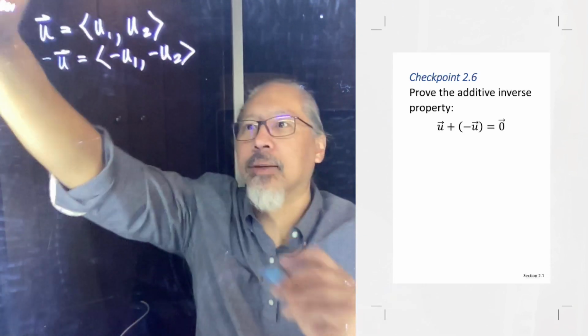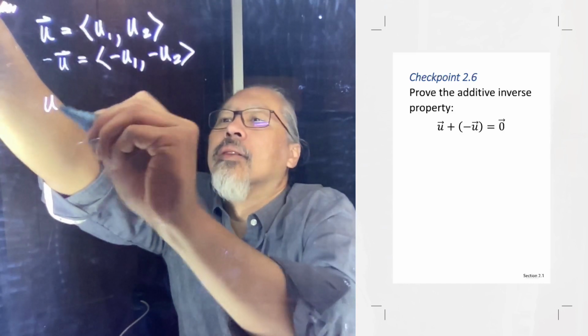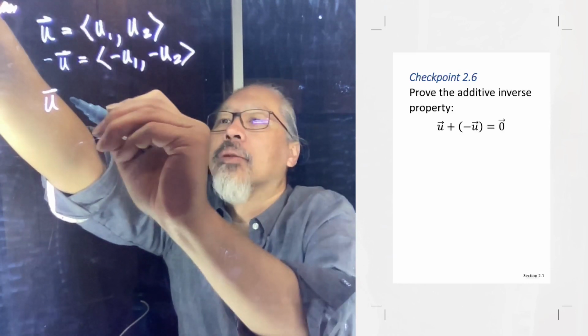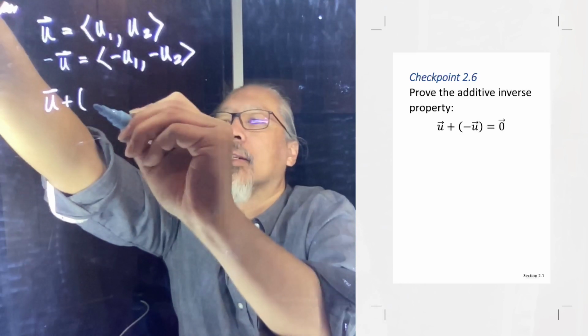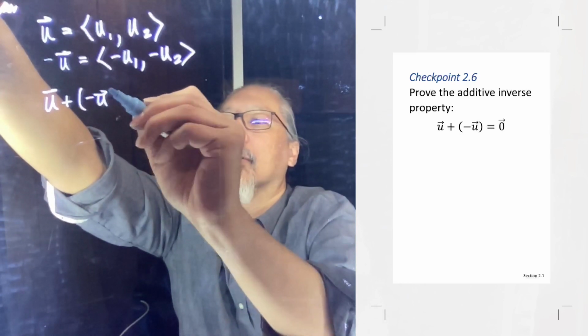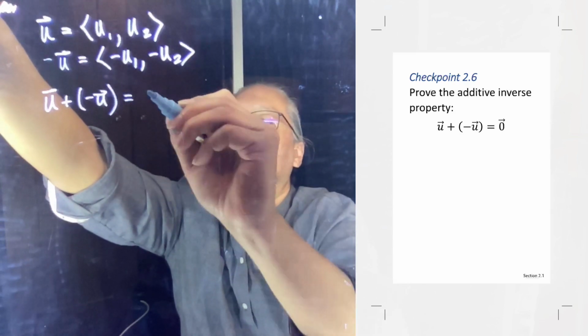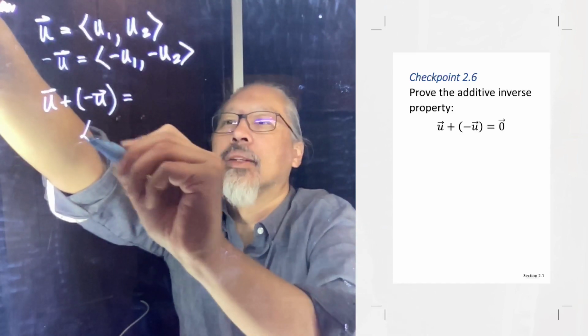And then we want to add them according to the property. We're adding u plus negative u, and we're going to do this component wise.